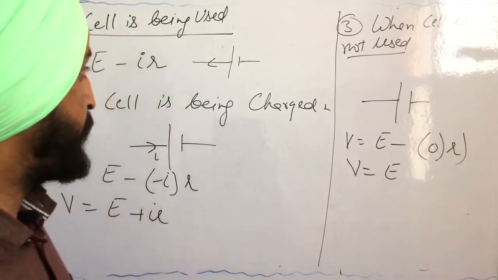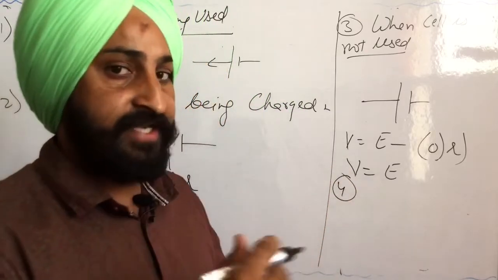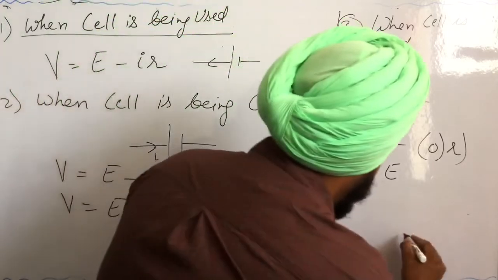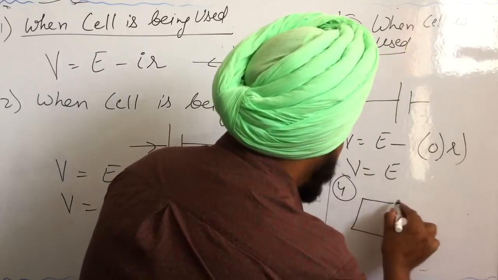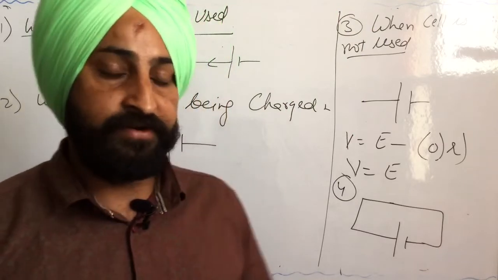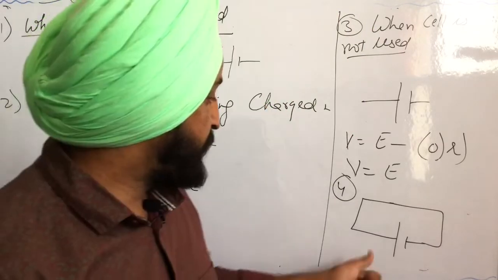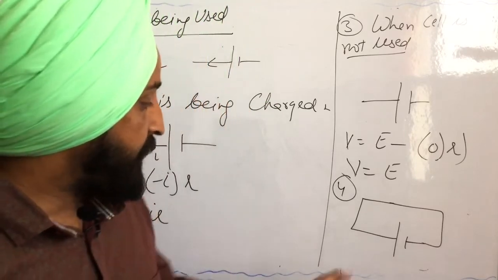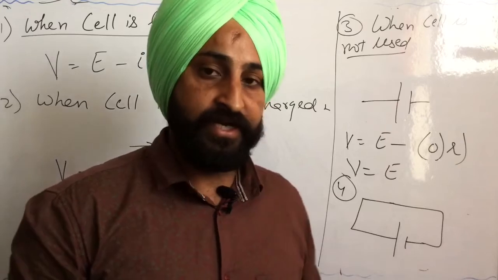One more point that we can write over here is that when we short circuit a battery, like I have this battery and I am short circuiting it, that means I am connecting the positive terminal of the battery directly to the negative terminal without any resistance in between. In such a case, what would happen? The entire positive charge from the positive terminal will start moving to the negative terminal of the battery.